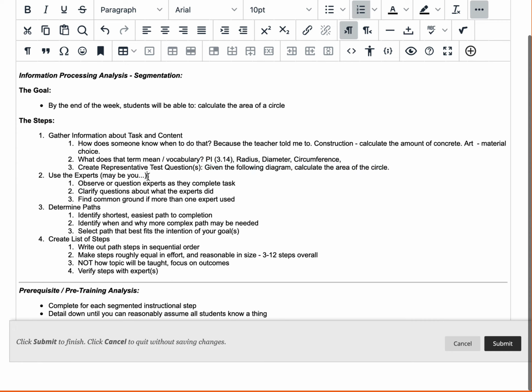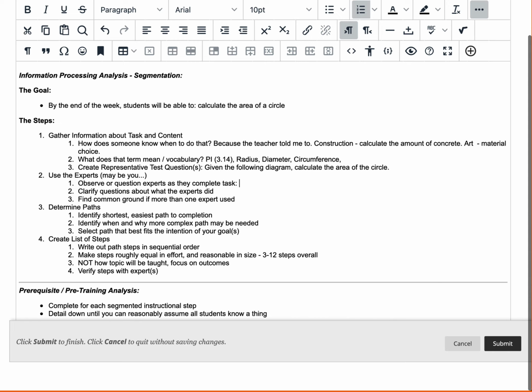So what we'll do next is look at the experts. We would watch somebody do this. Let's say that what was given was a circle drawing that had a diameter labeled across it, and the question was, given the following diagram, calculate the area of the circle.